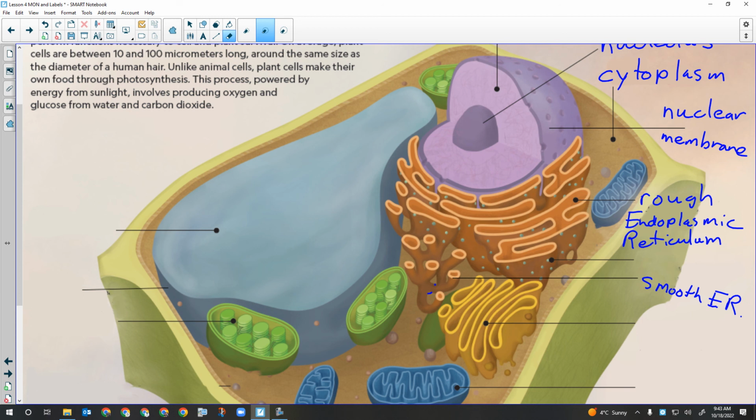It doesn't really show it well here, but they're also sometimes floating free within the cytoplasm, and are called ribosomes. Ribosomes are what make protein. So they take that RNA and DNA that the nucleolus copies, and they're what actually turns it into protein.